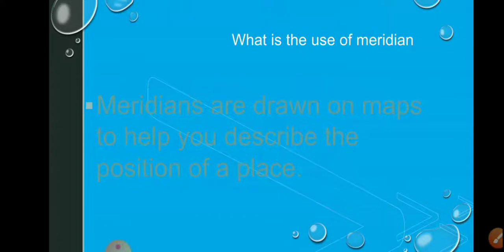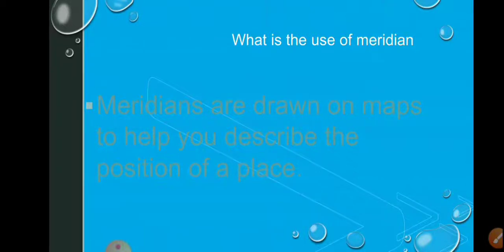Then what is the use of a meridian, children? Meridians are drawn on maps to help you describe the position of a place. The meridian helps you know where places are located and what the position of a particular place is.